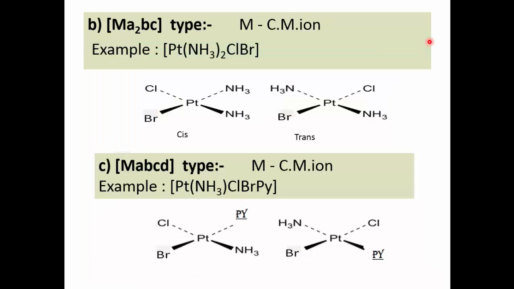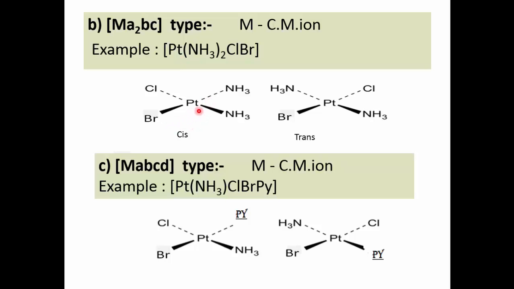Next type. See the second type, B type, Ma2BC type. Again, M is the central metal ion. B and C are monodentate ligands. The ligand donates only one electron pair to the metal ion and forms a coordinate bond. Example, to this platinum, 2 ammonia molecules, 1 chloride, 1 bromide ion are attached. See, this is the structure.